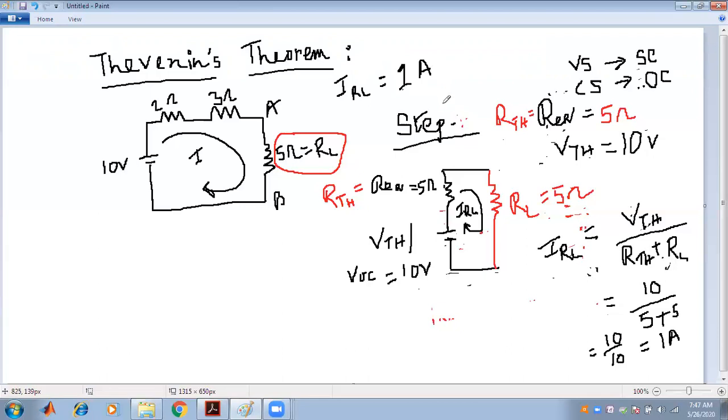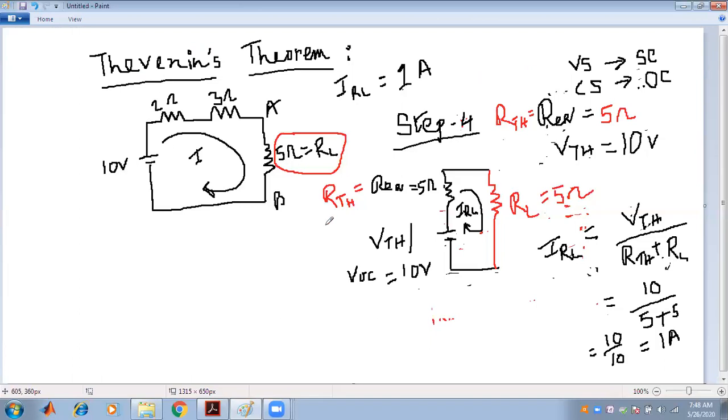That is the answer. This is our fourth step: we take the VTH in series, and then I of RL is VTH divided by RTH plus RL. Here RTH and RL are both 5 ohm, so 10 by 5 plus 5 equals 10 by 10 equals 1 ampere, that is I of RL.